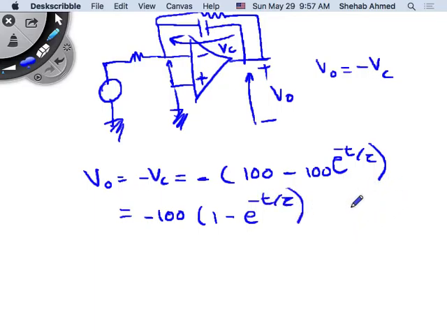Tau was 10, right? We calculated tau: R was 1 megaohm, and the capacitor was 10 nanofarads. So tau is C times RF, which is equal to 10, according to what they have here.